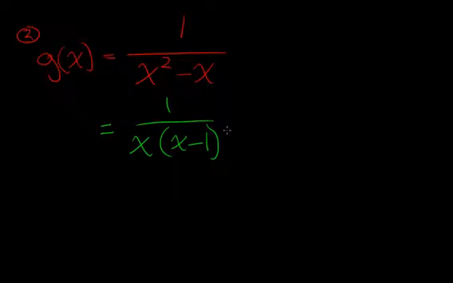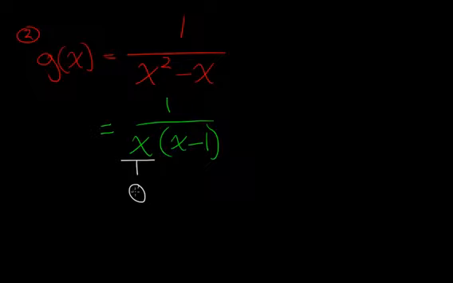Now, as we know, you cannot divide by 0. Ever. Illogical, impossible. So you have to exclude from the domain all the points that would make the denominator equal to 0. What values of x make the denominator 0? Well, 0 would work, because 0 times any quantity is 0, and that makes the whole denominator 0.